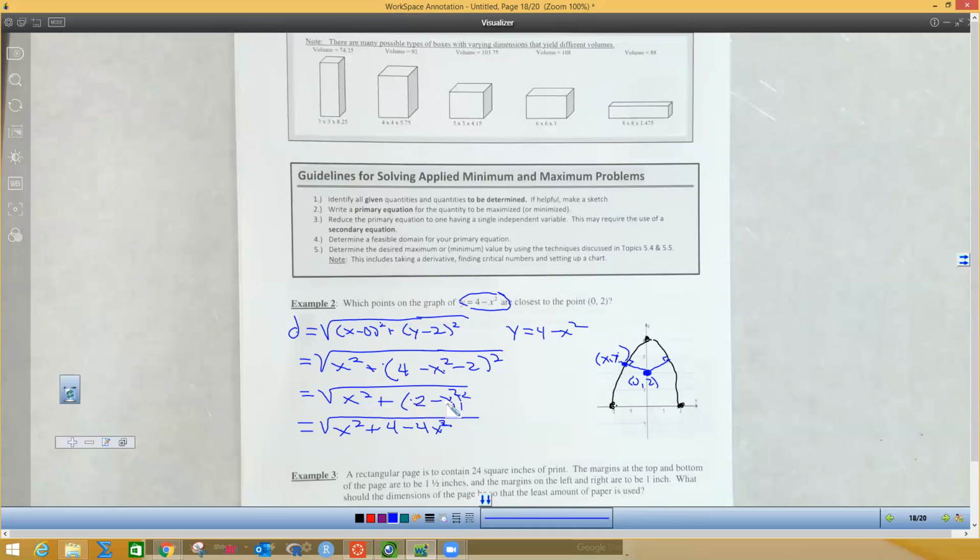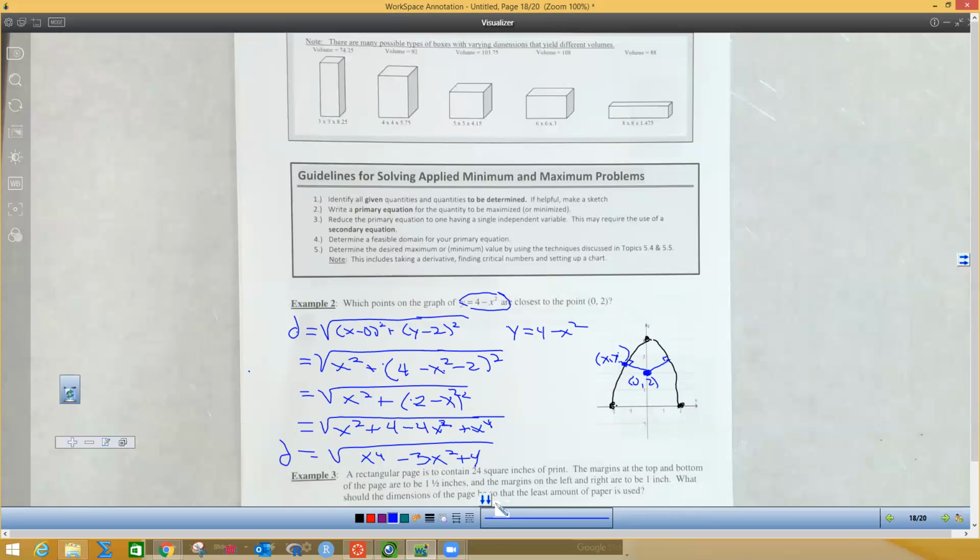I take 2 times negative x squared times 2, and then I square negative 2, and that's going to be plus x to the 4th. And then if I get like terms here, I'm going to have x to the 4th minus 3x squared plus 4. So right there is my distance formula in 1x.